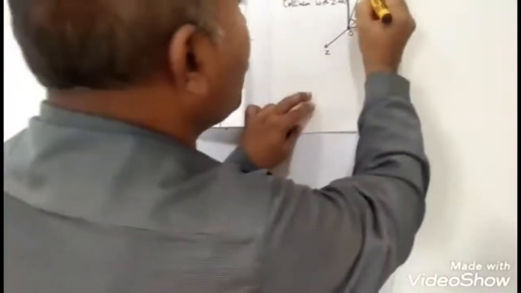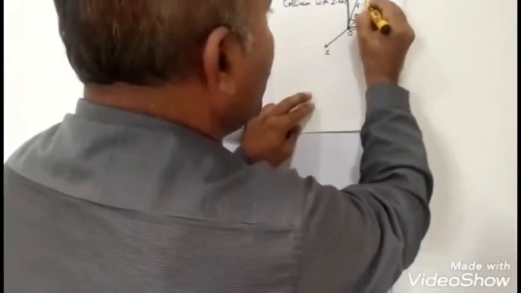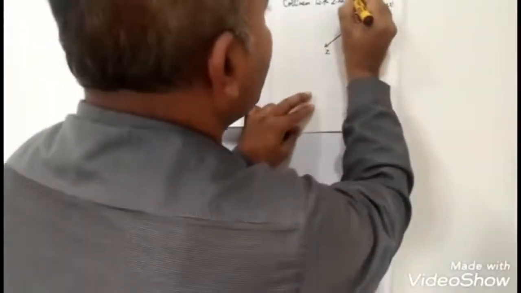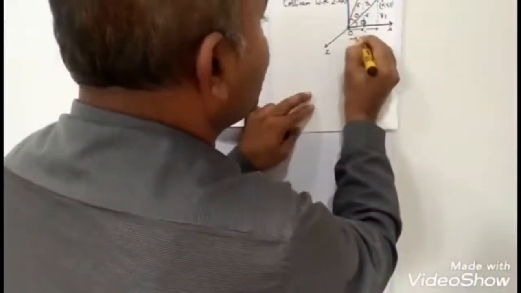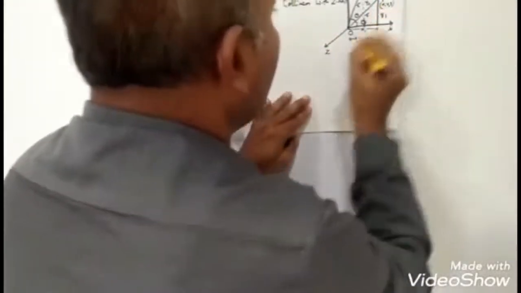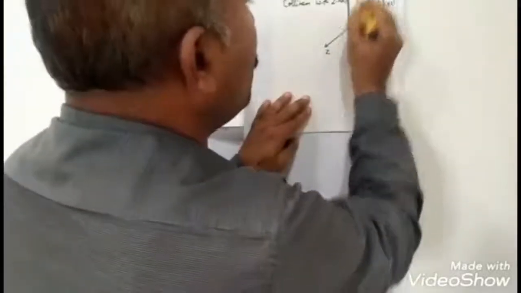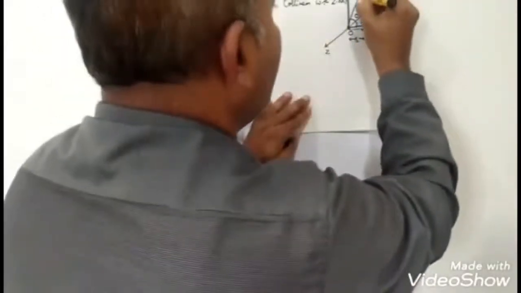Similarly, the distance between the point P2 and the x-axis is taken as y2, and the distance between the point P2 and the y-axis is taken as x2. So there is one triangle, O P1 to the x-axis, and another triangle, O P2 to the x-axis. This one is the second.